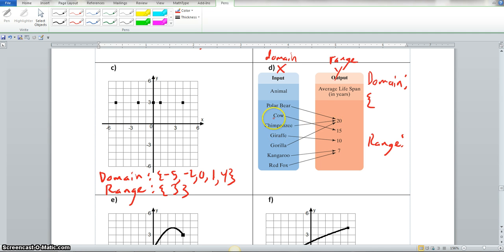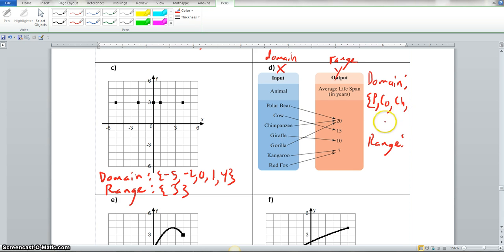Okay, so here we have all of these values. What we could do is write them just basically by their names. We could do the polar bear, I'll just put a P. The cow, I'll put CO. The chimpanzee, CH.